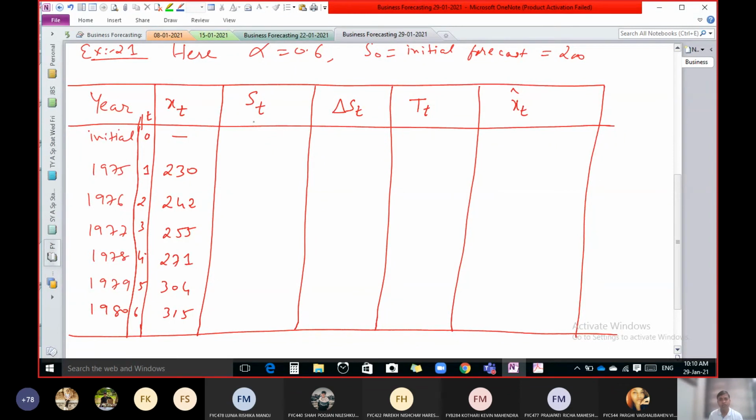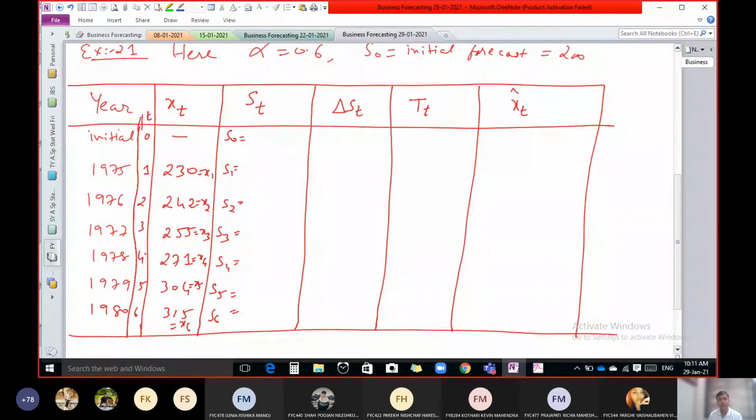Here this is nothing but S0, this is S1, S2, S3, S4, S5 and S6. These values are required to be calculated. This is x1, this is x2, x3, x4, x5 and this one is x6.